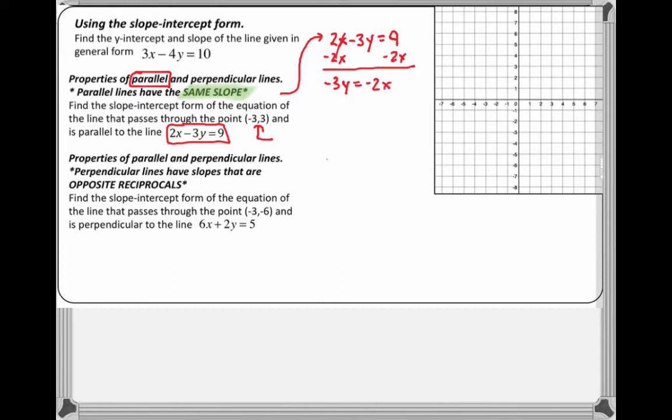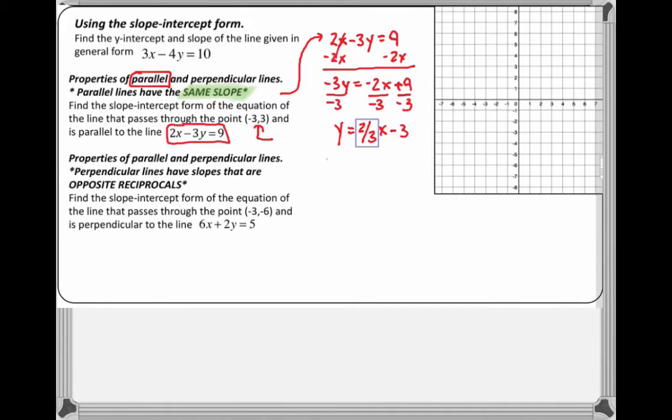So just doing out the algebra real quick, and we're going to divide through by negative 3. So I get y equals 2/3 x minus 3. And so I know that the slope of the line that's given is going to be 2/3.